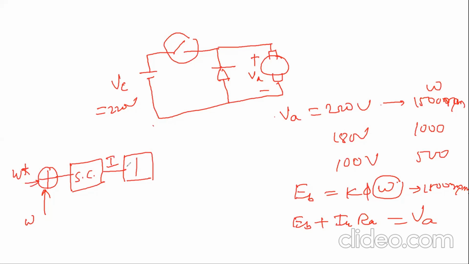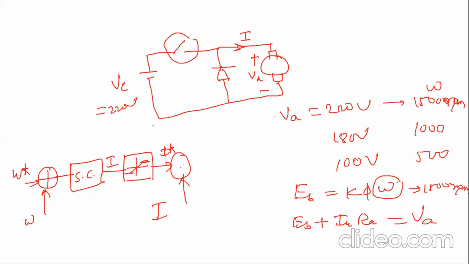According to our algorithm, its output will be I star, and this I star will be compared against the actual current of the machine. Obviously the current here will be the current flowing through the armature.